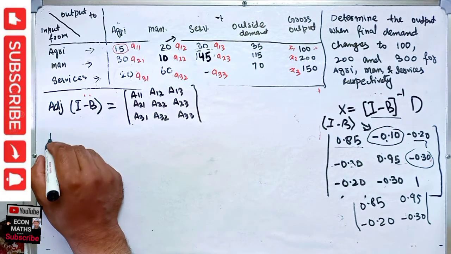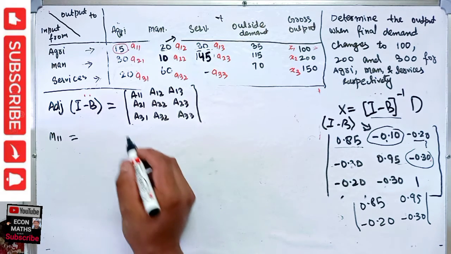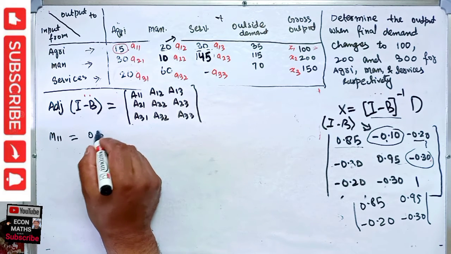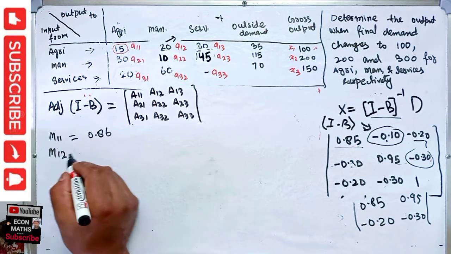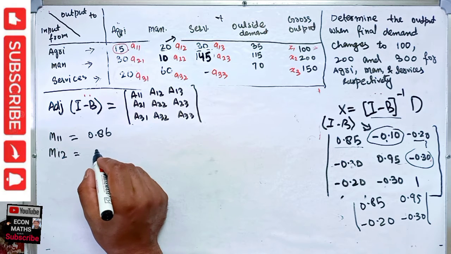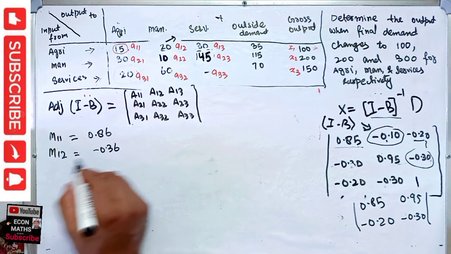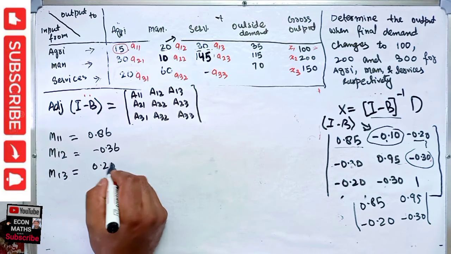First was M11, that was 0.86, M12 that was minus 0.36, M13 was 0.28.